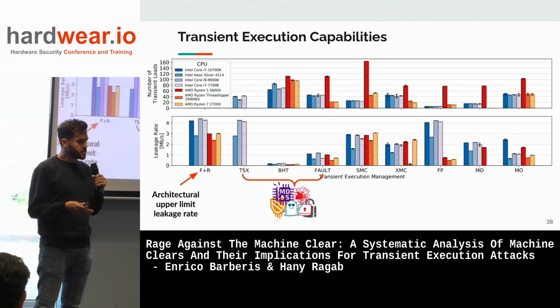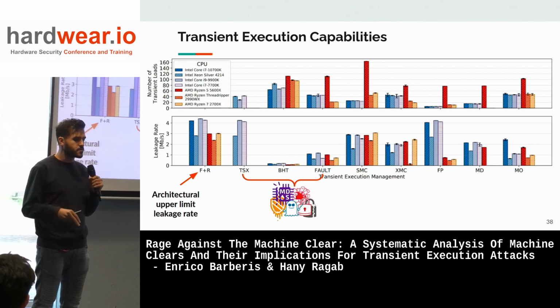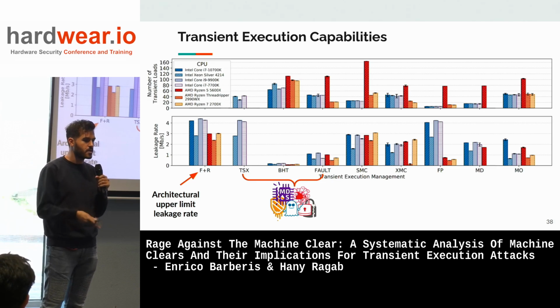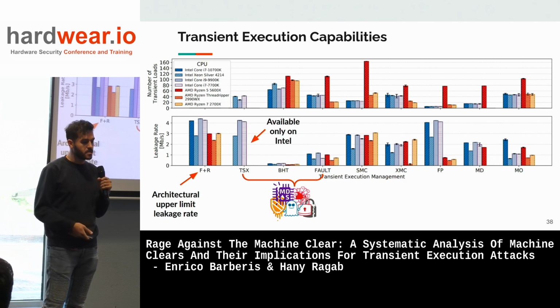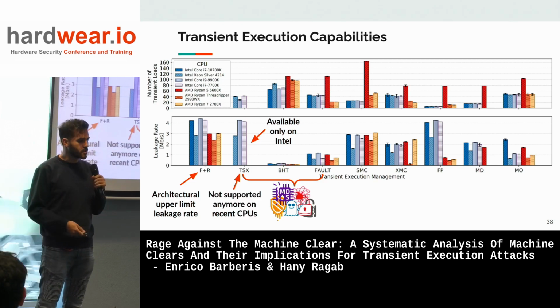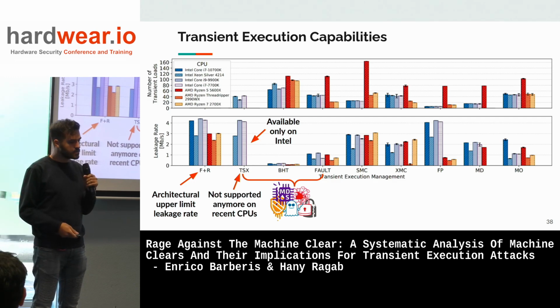Here we have TSX, PHT, and fault. Those are the 3 main mechanisms that were used before this work to create a transient execution path. Now, TSX is only available on Intel, and it's not supported anymore on recent CPUs.